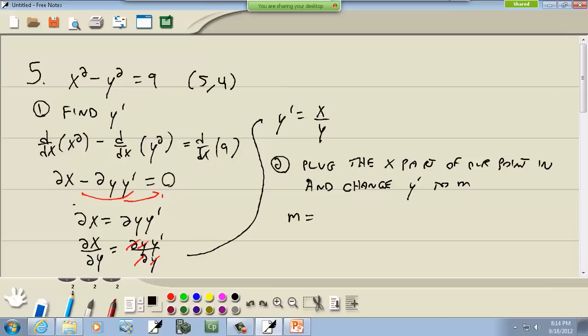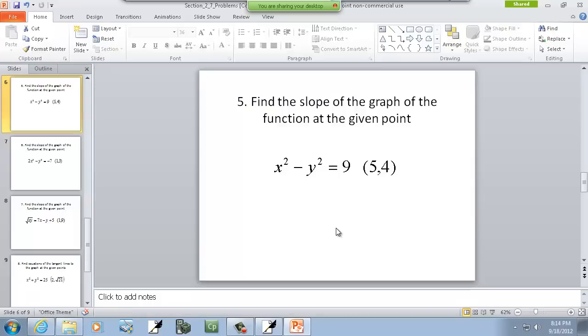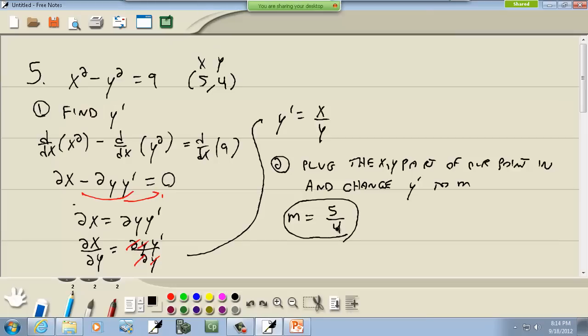So y prime becomes m. This is x, and this is y. So we're going to plug in 5 for the x and 4 for the y, and this is the slope of the graph of the function at the given point. So it'll be 5/4.